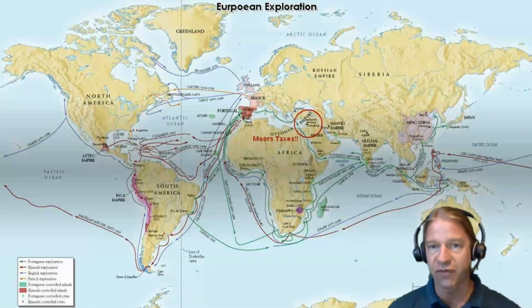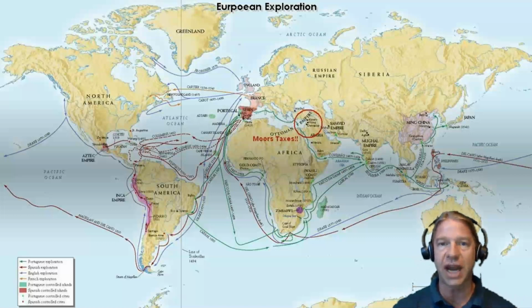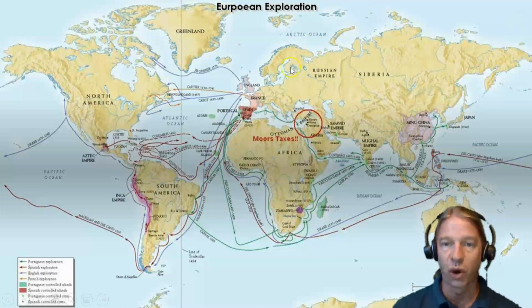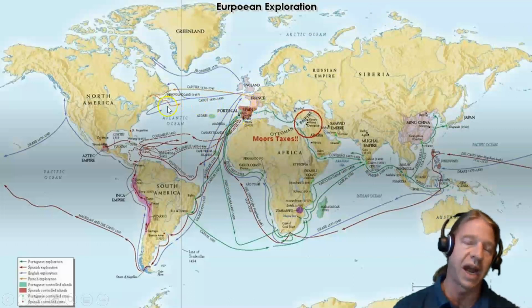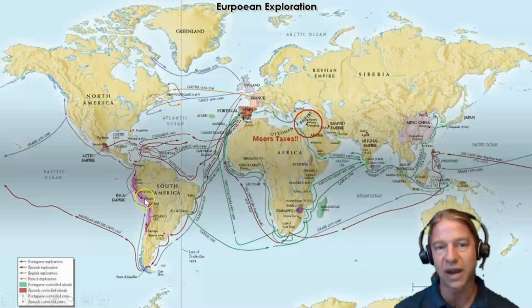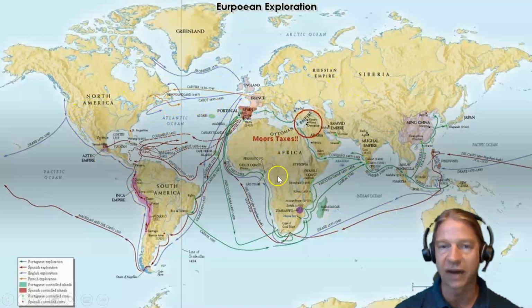The Columbian Exchange refers to the exchange that occurs when the Old World, this area here, and particularly driven by explorers from this area, begin to encounter and interconnect North, South, and Central America with the rest of the interconnected world.